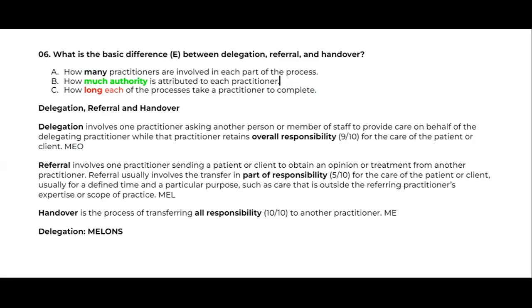So whenever you deal with this, today I introduced the Melons method: Mike, Emily, Linda, Oliver, Nancy, and Sam. You can change the names according to your culture and friend circle, and practice it this way.